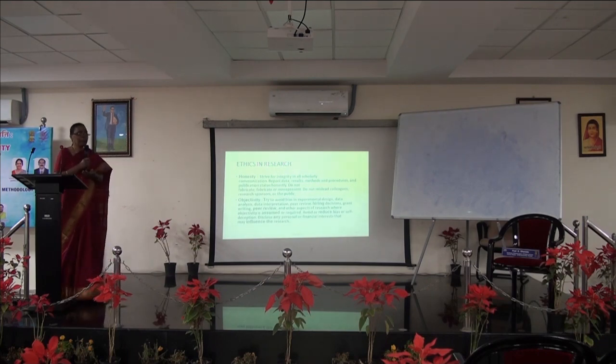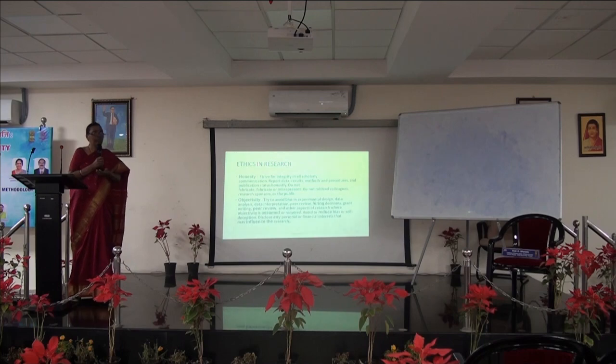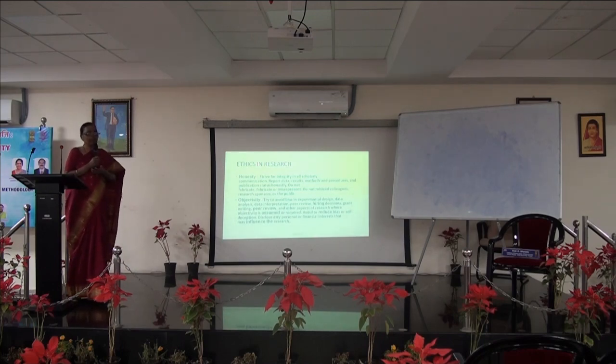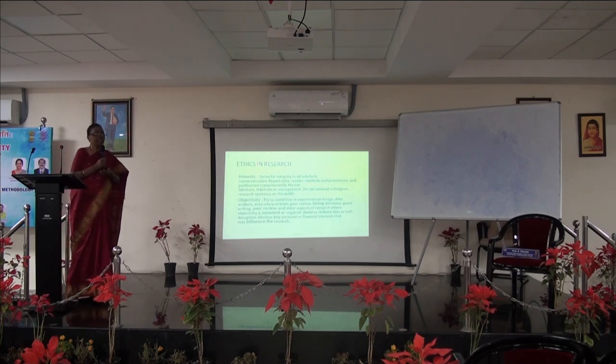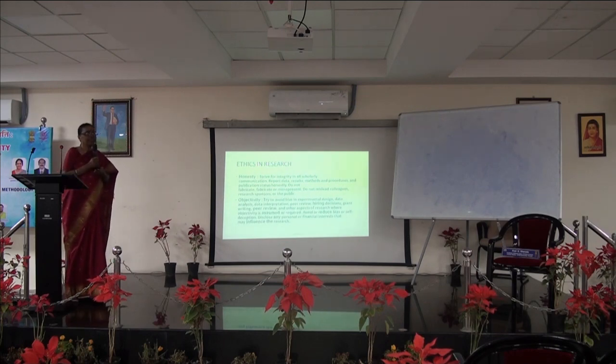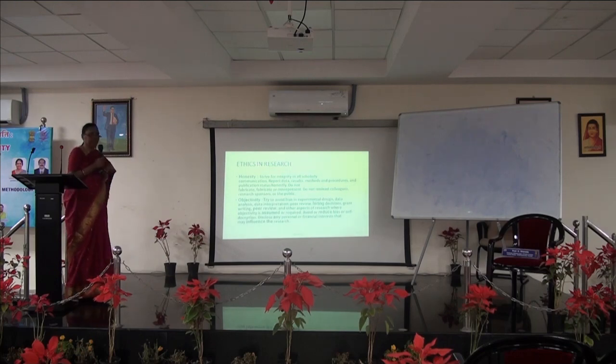Somebody has contributed, your guide or some other person in the department. They should also be acknowledged. If funding for this is received, that also has to be acknowledged. So objectivity is correctness in conducting the research and data presentation, everything. Next one.